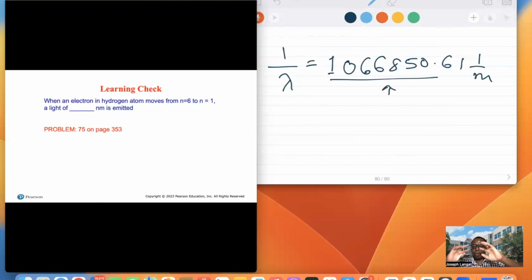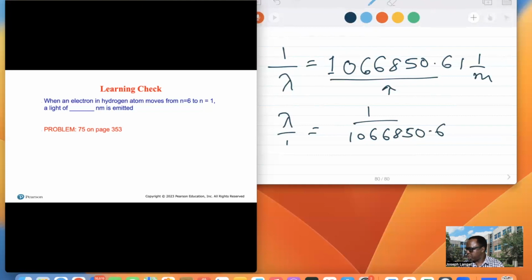This is the same as saying this side is over 1. We flip the equation so that we have lambda equals 1 over 1,066,850.6.